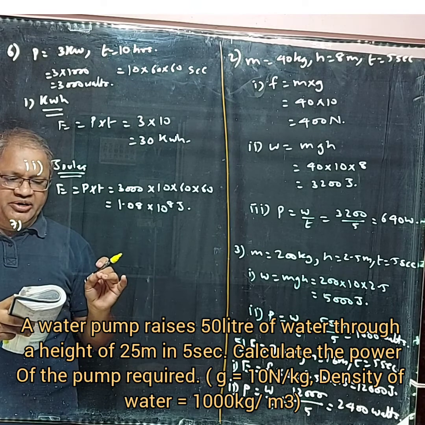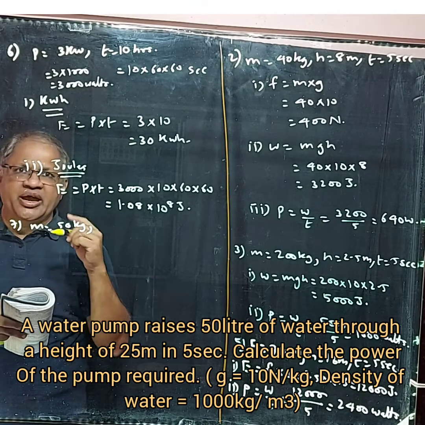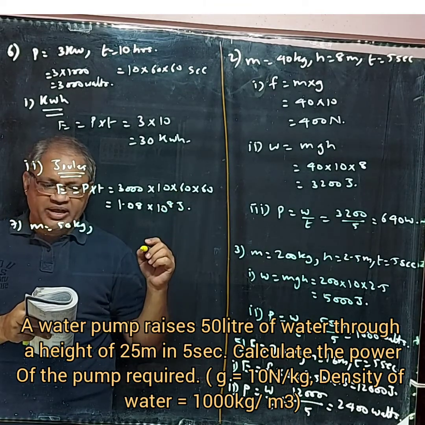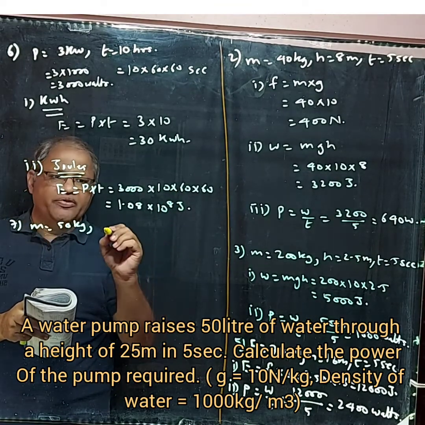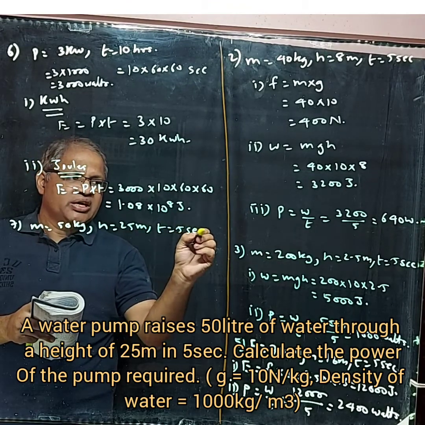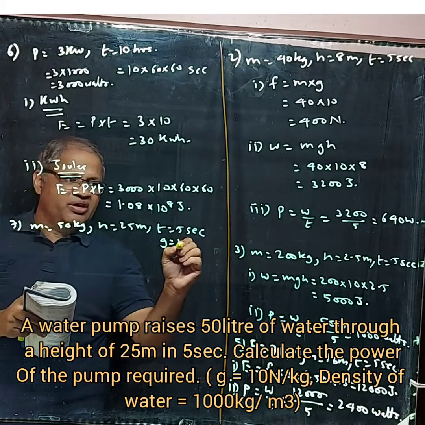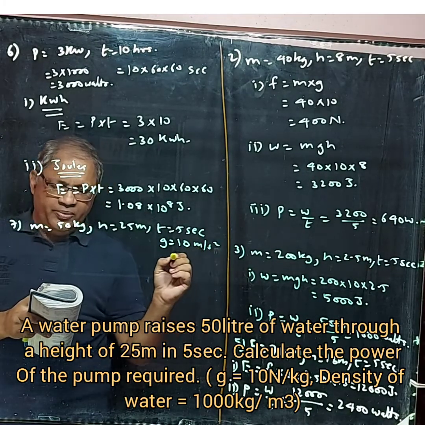There is one more sum like that. Height is 25 meter and time is 5 seconds. Calculate the power of the pump required, and gravity they have given 10 meter per second square.